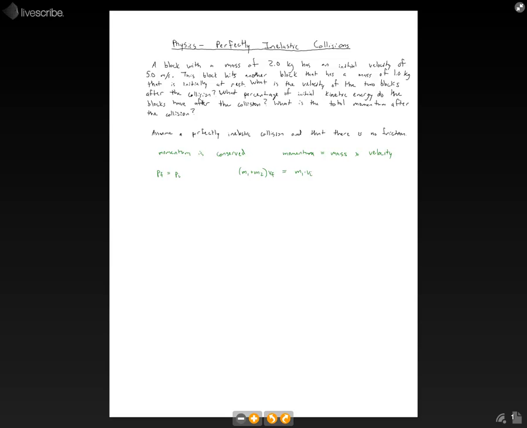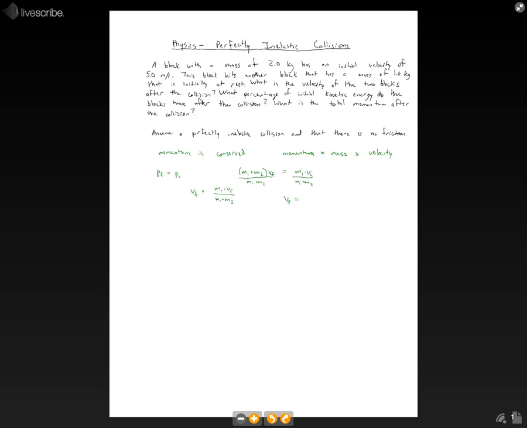So if we go ahead and solve for our final velocity, which is what we're trying to figure out, we'll just divide by mass 1 plus mass 2 on both sides, and we'll be left with the initial momentum divided by mass 1 plus mass 2.